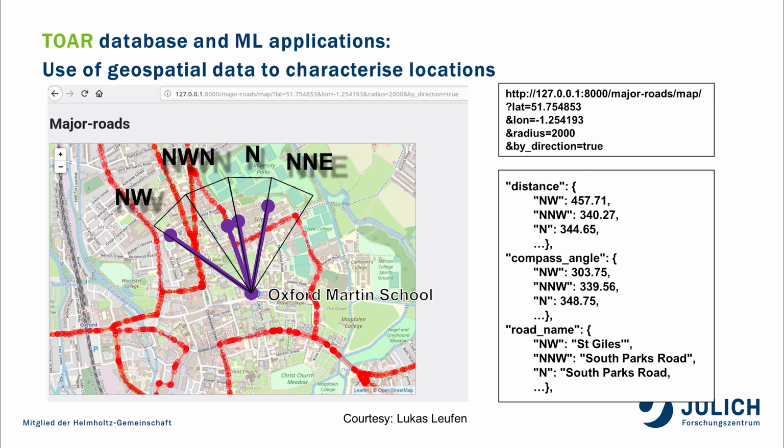And then you will get back a JSON structure with all kinds of information in terms of the distance and the compass angle for the individual wind sectors, and even things like the road name can be returned from OpenStreetMap. And there are other services that Lukas has already developed for looking at, for example, population density or topography information, which can then augment the metadata in the TOAR database.